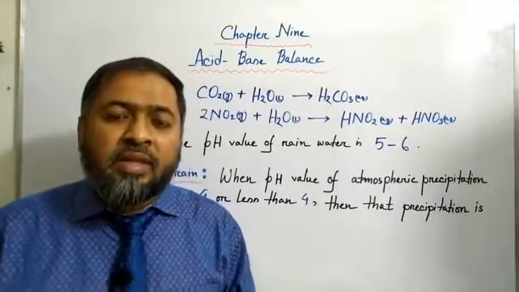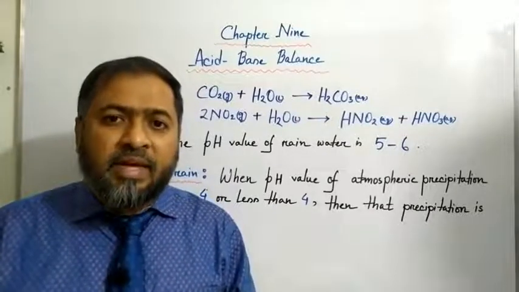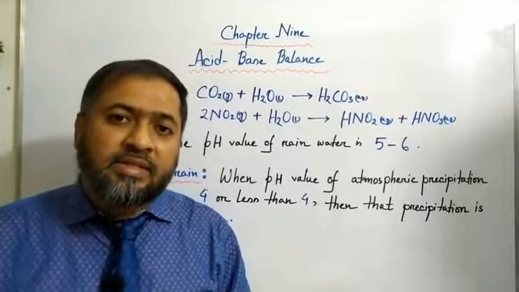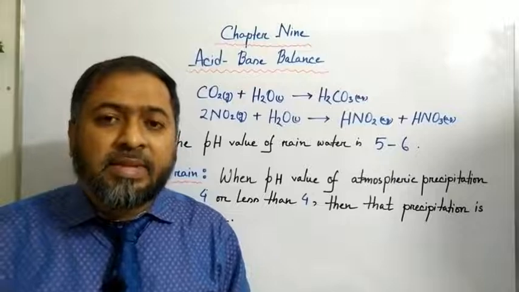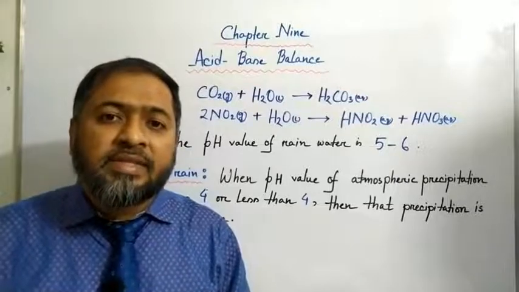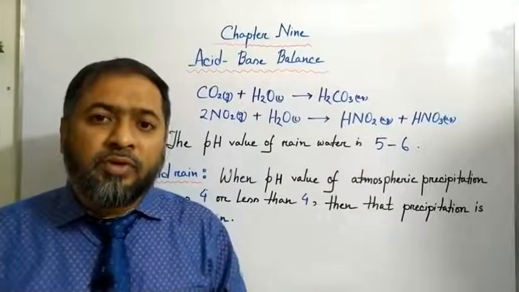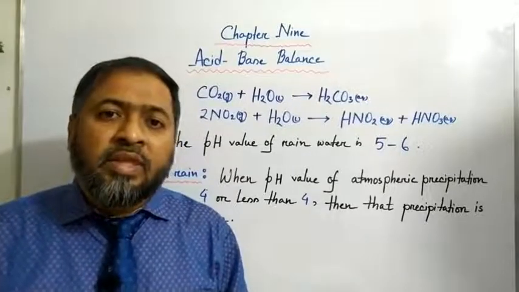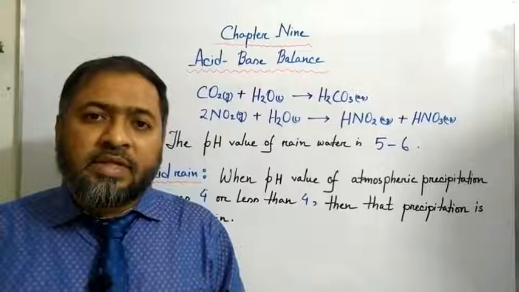During a storm, thunderstrikes take place in the air, and this thunderstrike produces a 3000 degrees Celsius temperature. At this temperature, inert nitrogen gas breaks down and produces nitric oxide by reaction with oxygen.